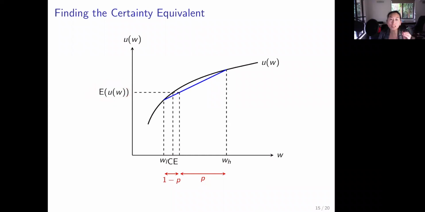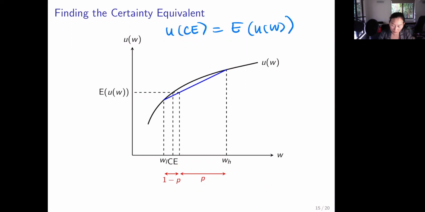So how much do I need in order to be indifferent between the gamble, obtaining this much expected utility, versus receiving the sure thing? To receive the sure thing, I need this amount of certainty equivalent. If I get this amount, you can say that the utility of my CE is equal to the expected utility value. That's how I can find what this CE is.